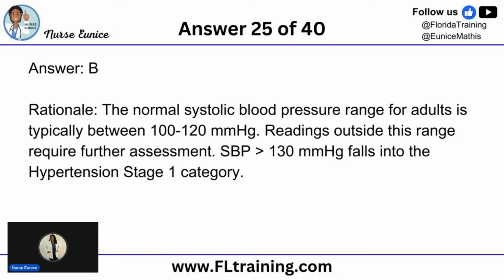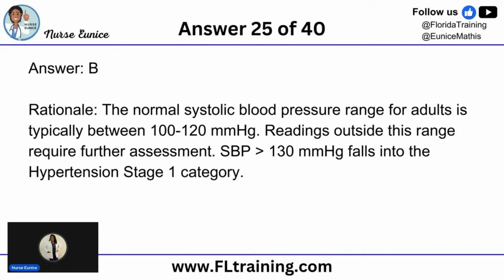So I know textbooks will say 100 up to 140 because we usually don't panic if it's 136, but the normal systolic blood pressure range for adults is 100 to 129.